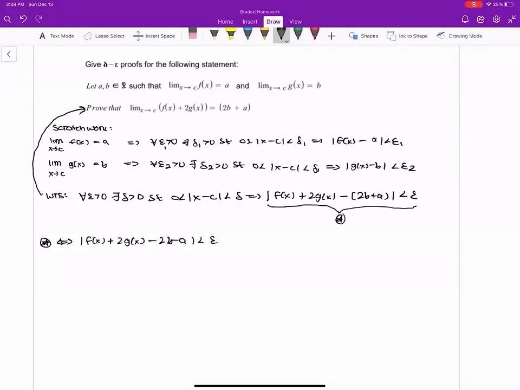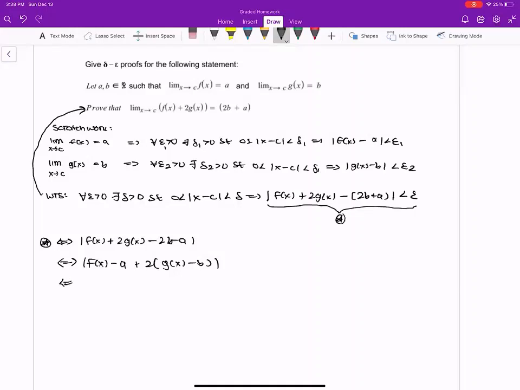Now you can rearrange this equation. So that is equal to f of x, subtract a, plus, you can factor out the 2, g of x, subtract b. And you also know this is less than epsilon, but you do not need that right now.